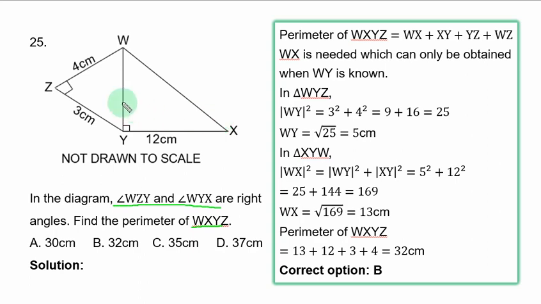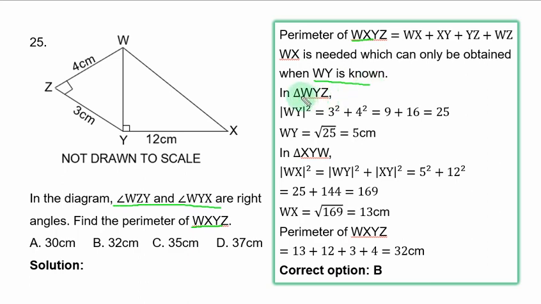Because the two triangles are right angle triangles, triangle WYZ is right angle, and you can find WY using Pythagoras rule, the side that is facing the right angle. So the perimeter is WS plus SY plus YZ plus WZ. WS is needed, which can only be obtained when WY is known.